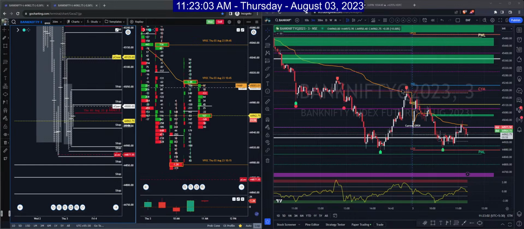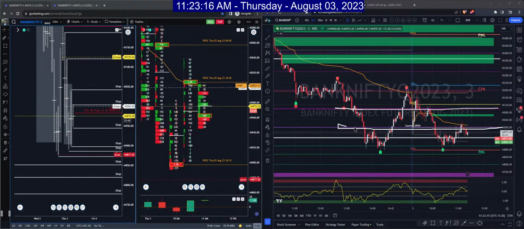Overall, we opened within the previous day's range, previous day's balance. We went higher, the auction went higher. So 45,100 and 45,000 was the area where I shared on my Telegram channel that I'm expecting some reaction. For me, this is the line of control.